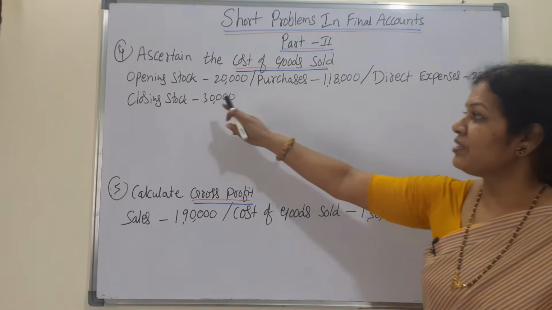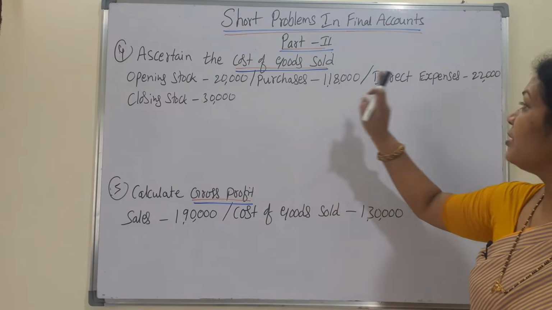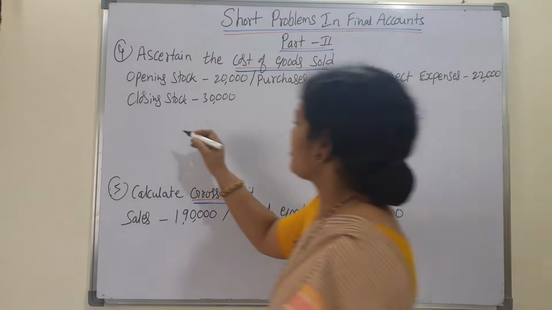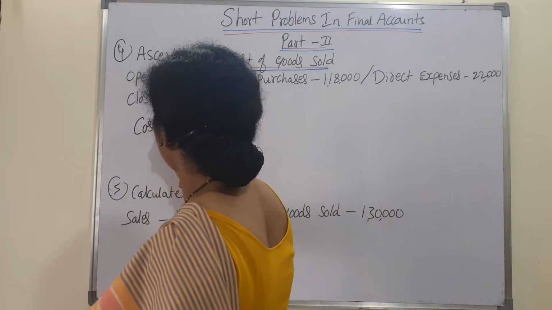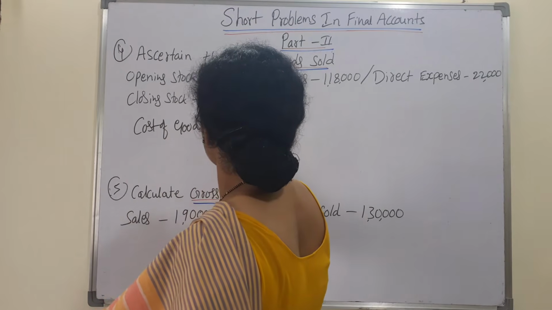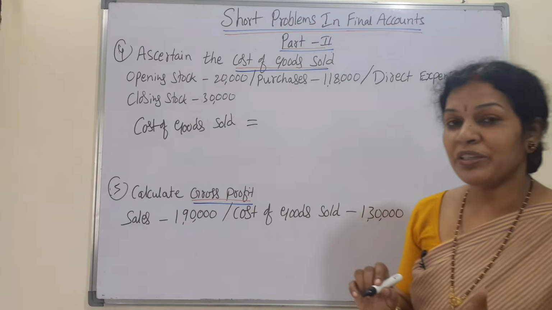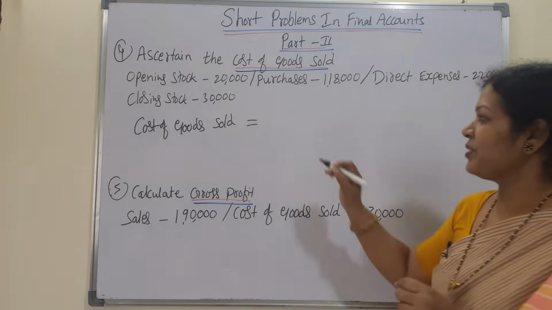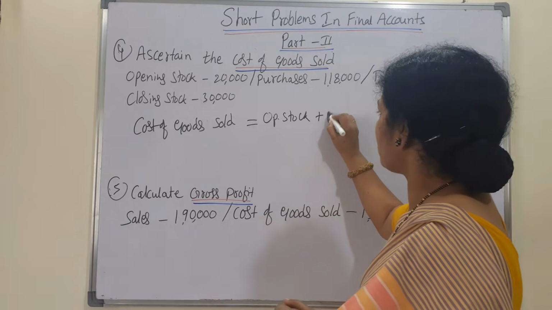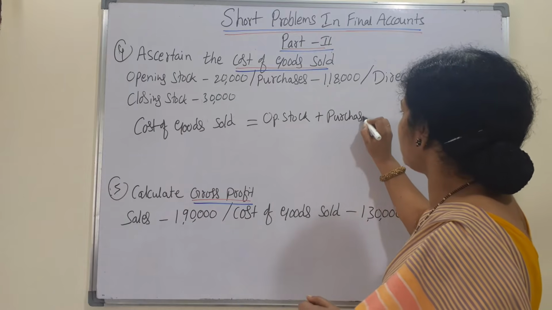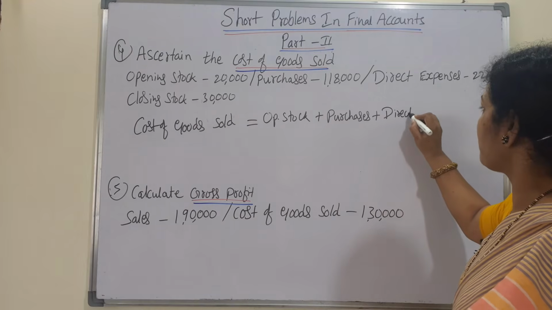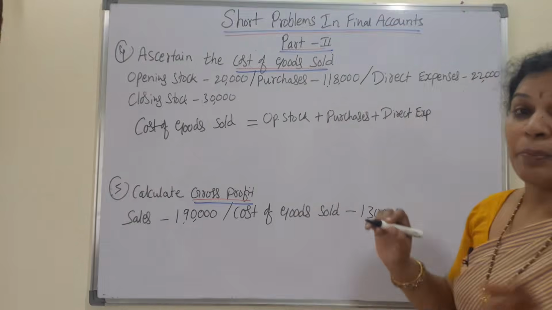Now what is given to us? Opening stock, purchases, direct expenses, closing stock. We'll write the formula simply. Cost of goods sold is equal to opening stock plus purchases plus direct expenses minus closing stock.